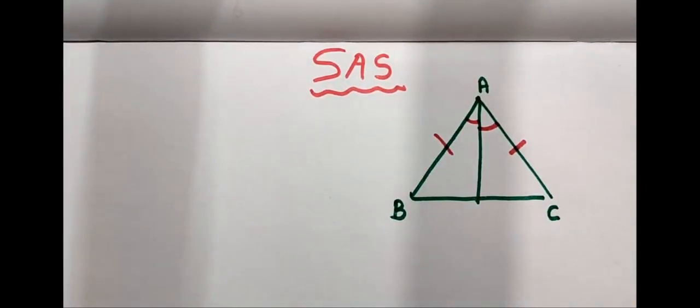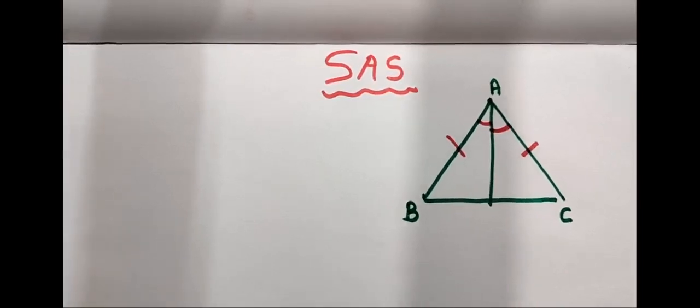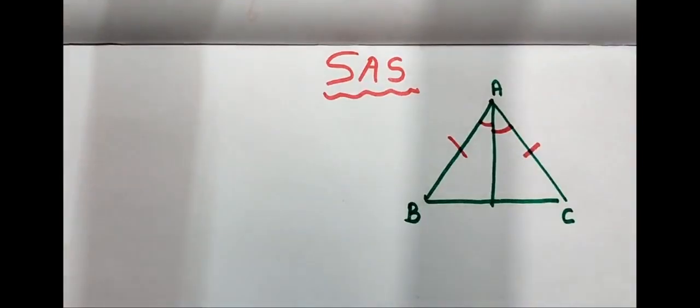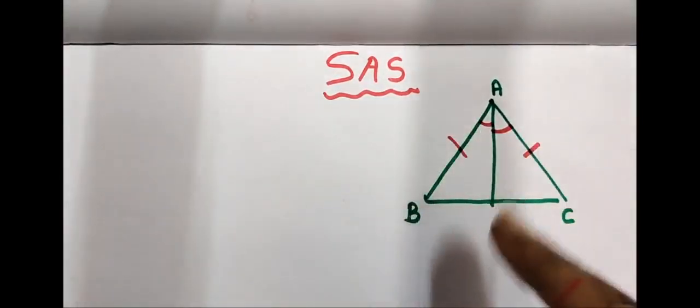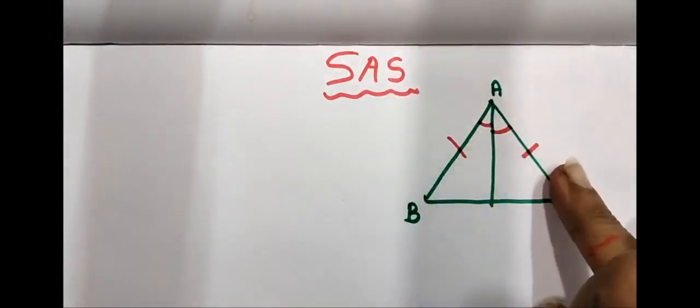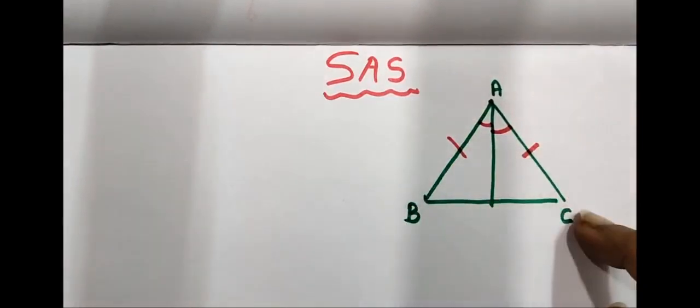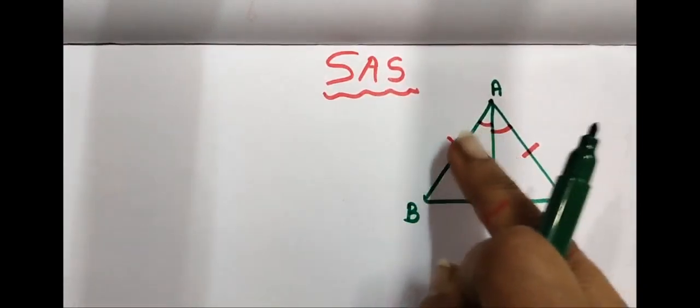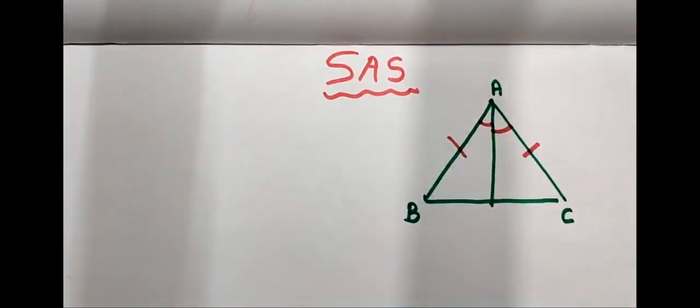Right. We have to show that these triangles are congruent. So first of all, we are going to write down the name of the triangles. You have to recognize with the symbols also. These are the same symbols, that means these 2 sides are equal. These are same symbols, that means these 2 angles are also equal.